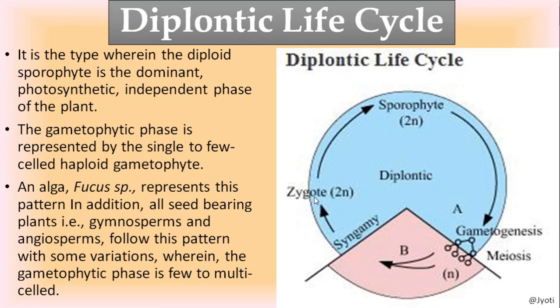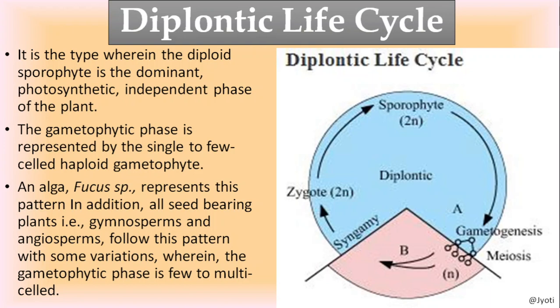So this is also seen in some algae like Fucus, and it is also seen in seed bearing gymnosperms and angiosperms. Very important, children, you have to remember in which group of plant which type of life cycle is seen.